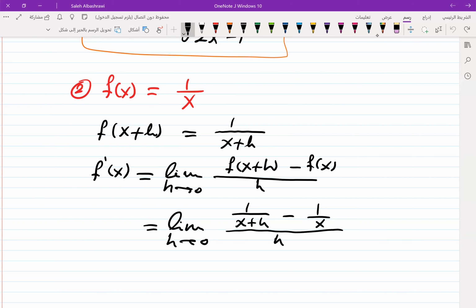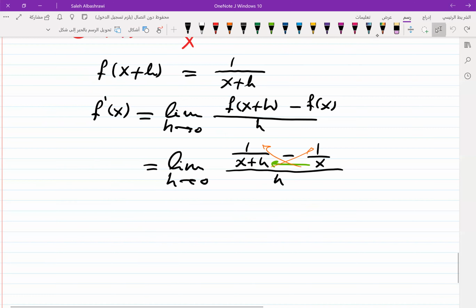Now combine the two fractions by cross multiplication to come up with a common denominator. So this is equal to the limit, h, I will write it down as it is.